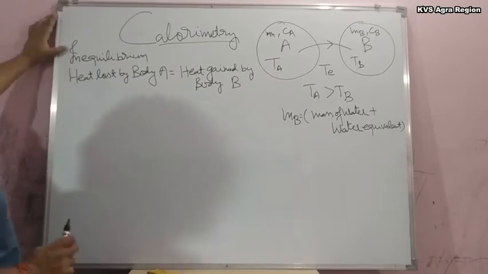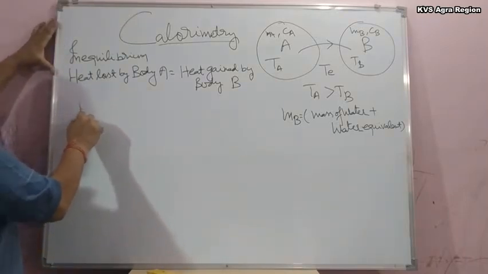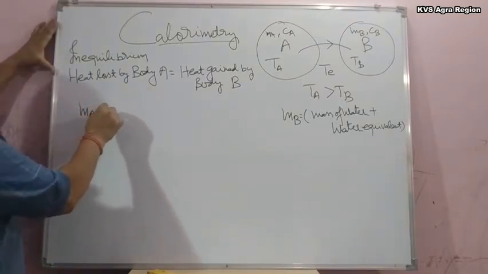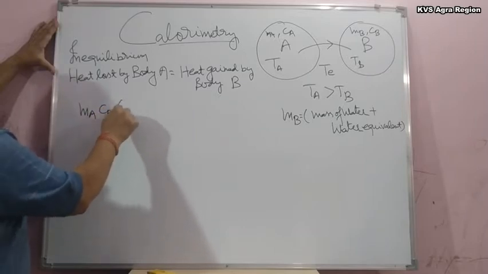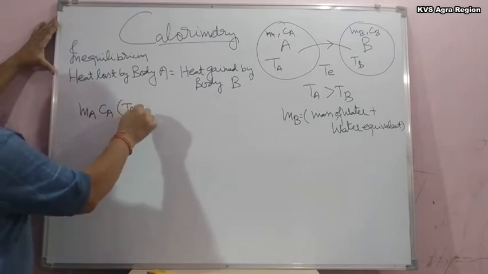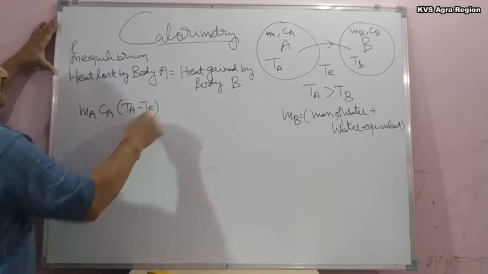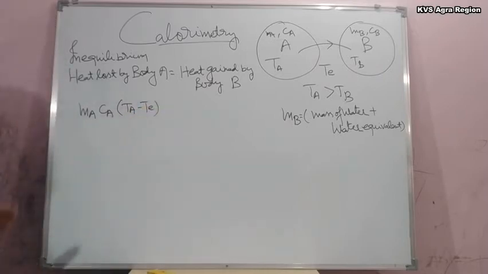Then heat lost by body A will be MA CA (TA minus TE). So heat lost by body A will be MA CA (TA minus TE).